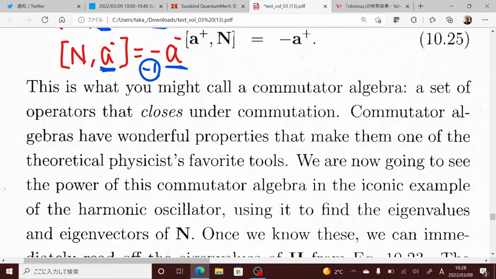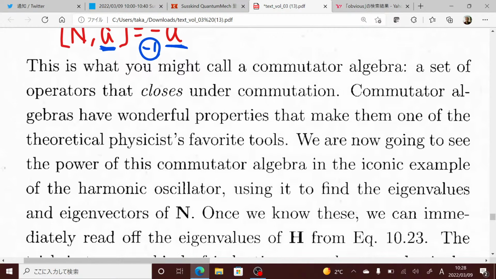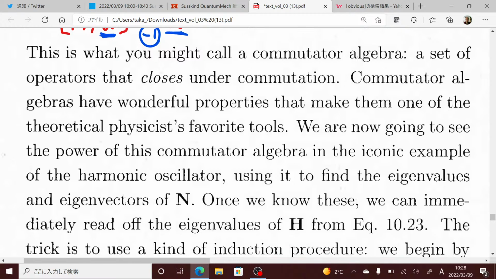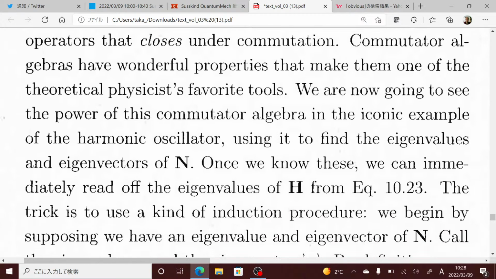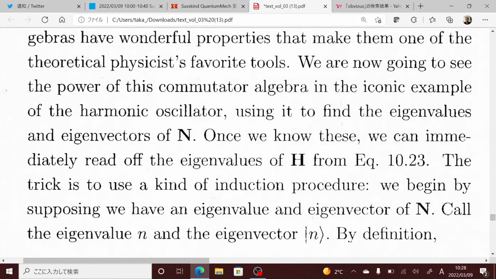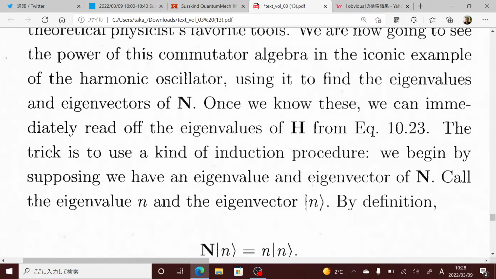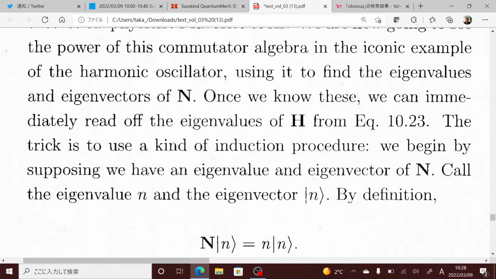We are now going to see the power of this commutator algebra in the iconic example of the harmonic oscillator, using it to find the eigenvalues and eigenvectors of n. Once we know these, we can immediately read off the eigenvalues of h from equation 1023.